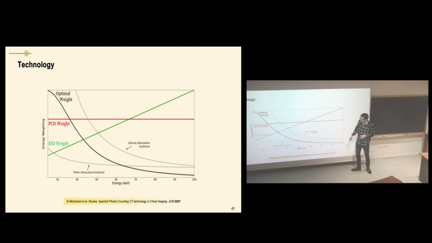I mean, the low energy photons are less weighted than the high energy photons. That means that you are somehow losing some photoelectric effect at that point. So you will end up with a lower contrast. But when it comes to a constant weighting allowed by the photon-counting detectors, because each photon is identified and measured, you will end up with an increased contrast, because you will provide a higher weight to the low energy photons, which convey the photoelectric effect.